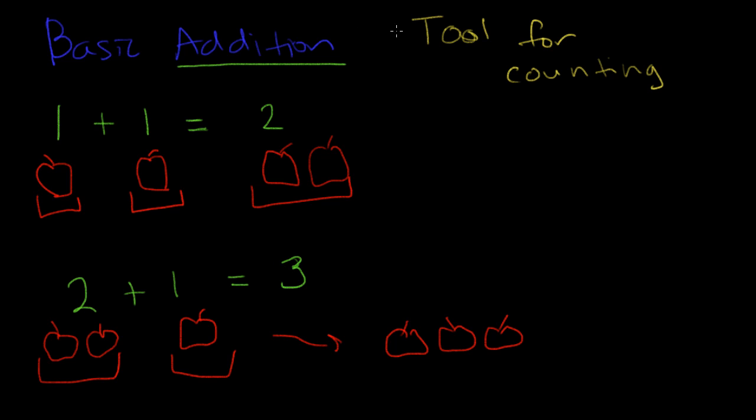Now, before we end this basic tutorial on addition, I'd like to show you one more thing. I'll just go back to our basic equation, which is 1 plus 1, and we know that equals 2, because we know 1, 2.